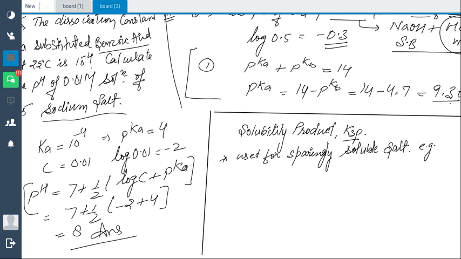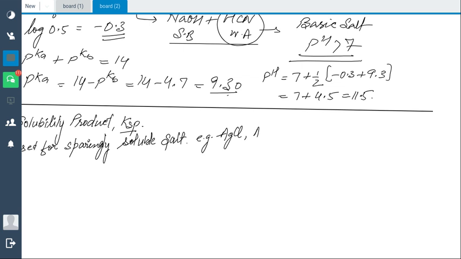For example, salts of silver, okay, these are sparingly soluble salts.